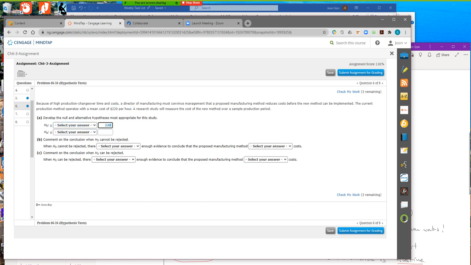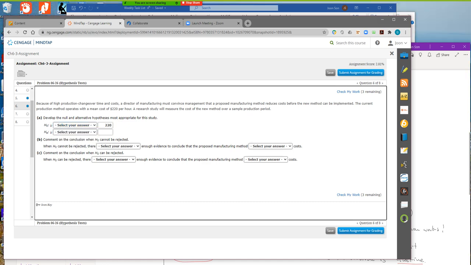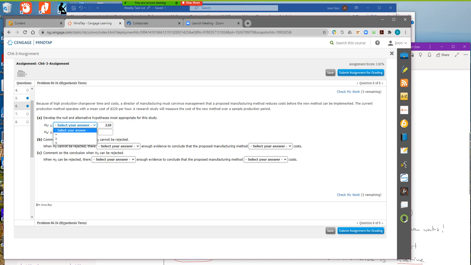So basically the null hypothesis is saying that the mean cost should be equal, or greater than 220, or less than 220. So what is... pardon? Equal or what? Anyone else? Or the greater or less? Which one?